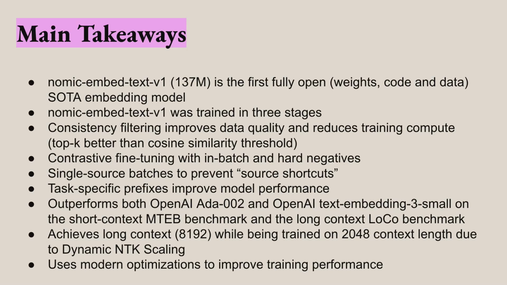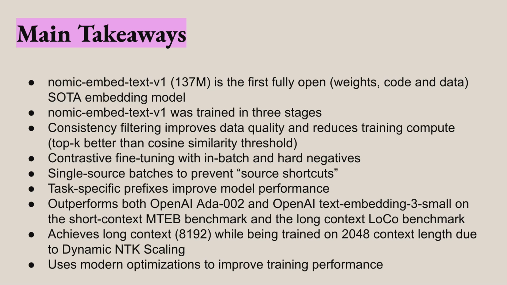They use contrastive fine-tuning with in-batch and hard negatives. They find that single source batches prevent source shortcuts, in terms of the model using shortcuts based on patterns in the batch. They use task-specific prefixes to improve model performance so that it understands different behaviors based on different tasks.